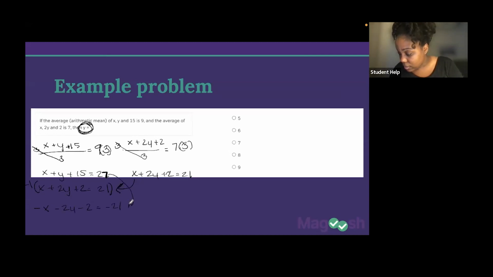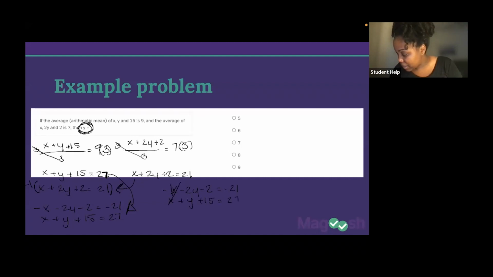And this, I'm going to pull this formula down here. This gives me x plus y plus 15 equals 27. It's the same thing, I'm just recopying it. It's not letting me draw a line. Maybe it's too low. All right, let me rewrite this, y'all. Sorry. It wouldn't let me write down that low. x plus y plus 15 equals 27.